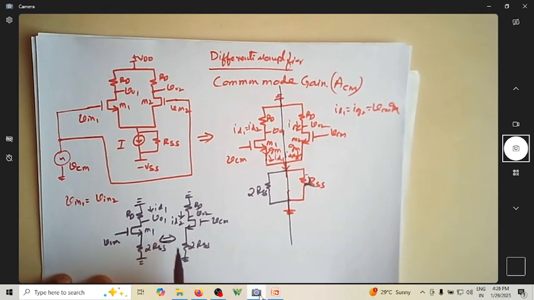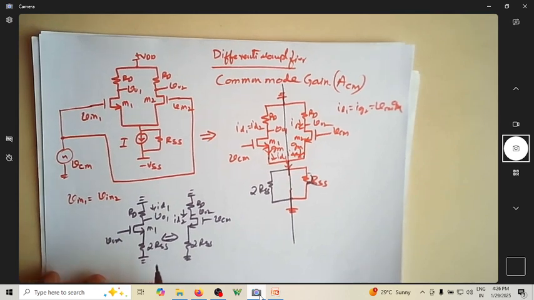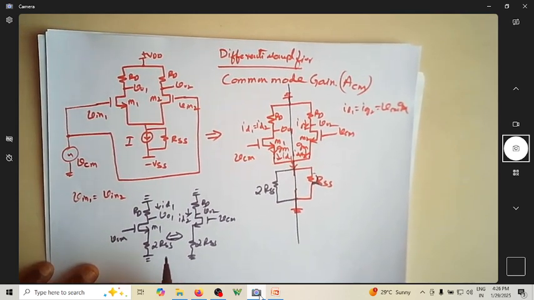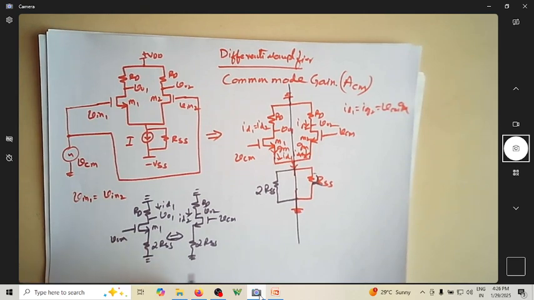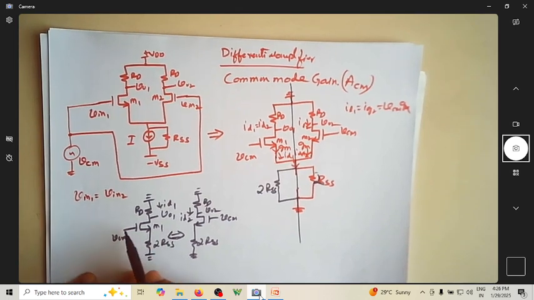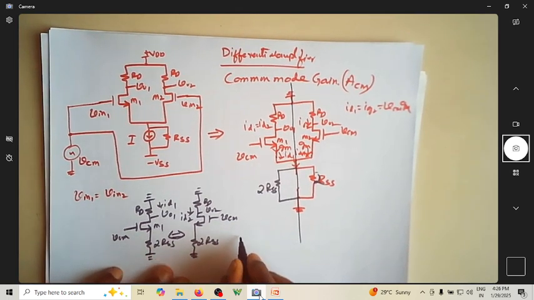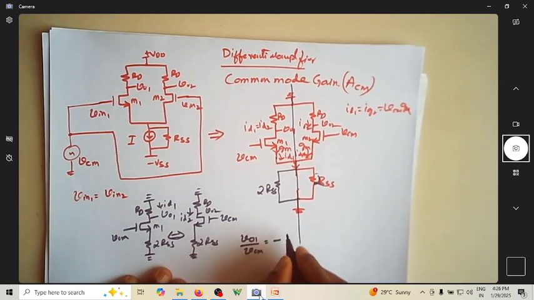These two are identical and they are CS amplifiers with source degeneration. We know that a CS amplifier with source degeneration will have a gain, which is V01 by VCM equal to minus gm into RD divided by 1 plus gm into 2RSS.